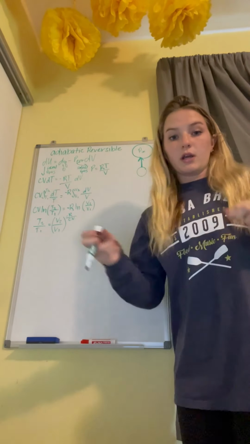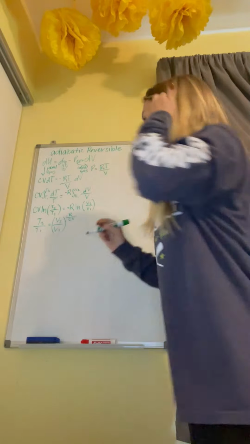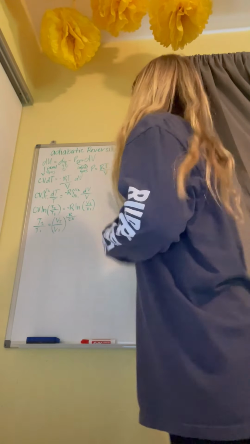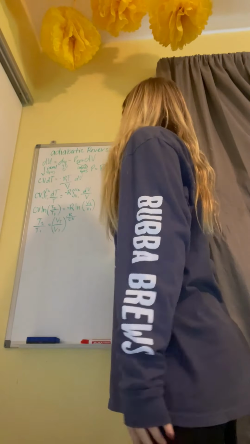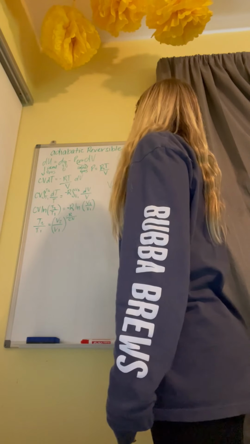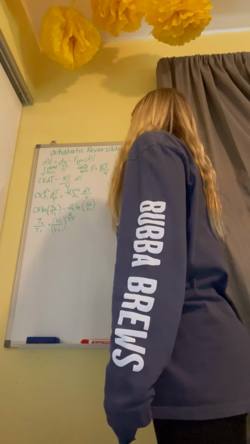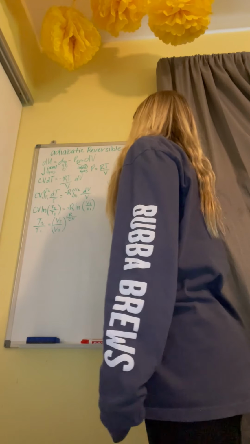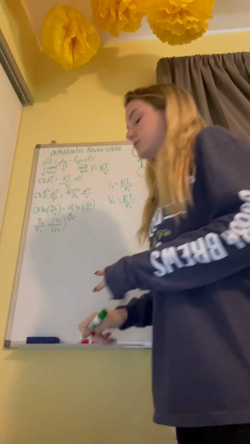So now we are going to go back to the ideal gas law and find V2 and V1. V2 would equal RT2 divided by P2, and then V1 would be RT1 divided by P1.